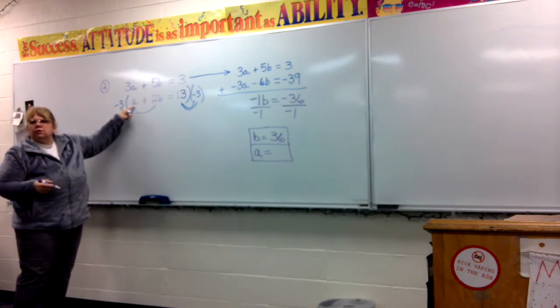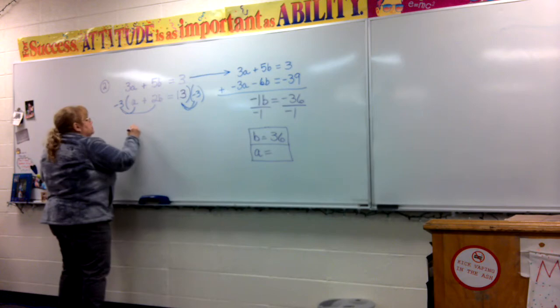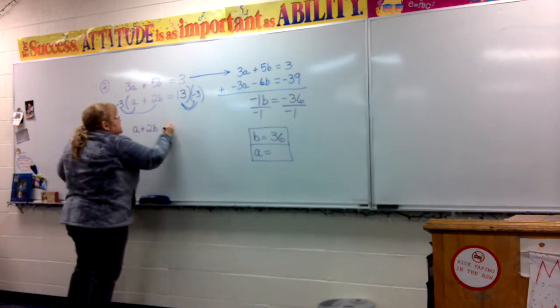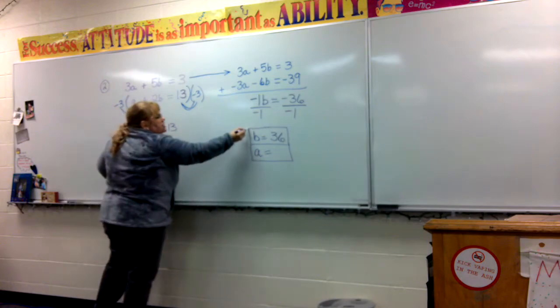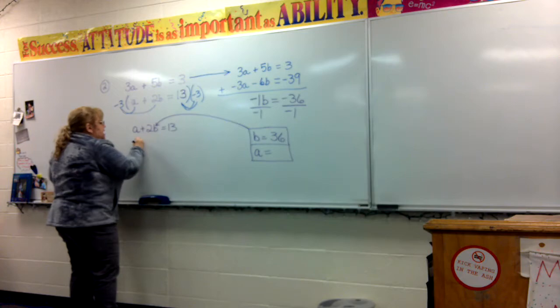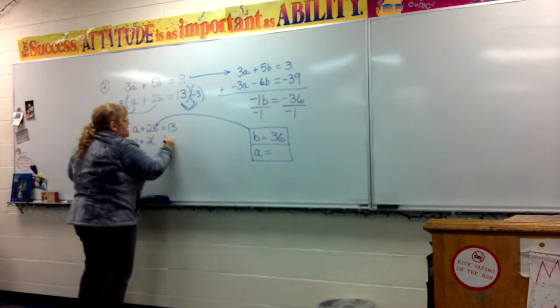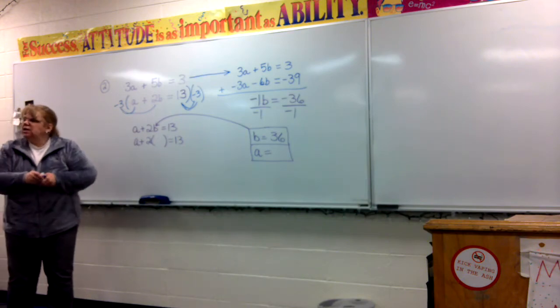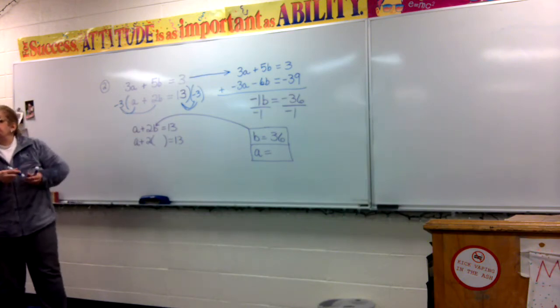You have a plus 2b equals 13. And you're going to take this value for b and put it in right here. A plus 2b is 13. But what's your value for b? 36.